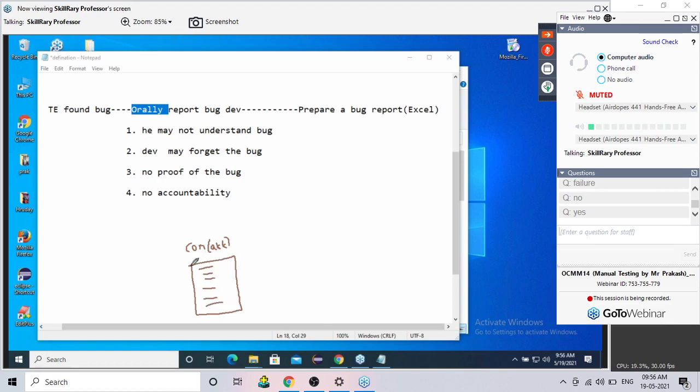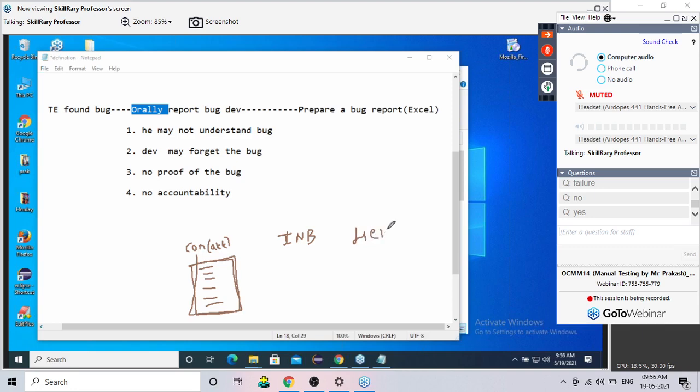This is one bug. Again, I found one more bug: inbox is not working. After a particular time period, I found one more bug. Let's assume help is not working.